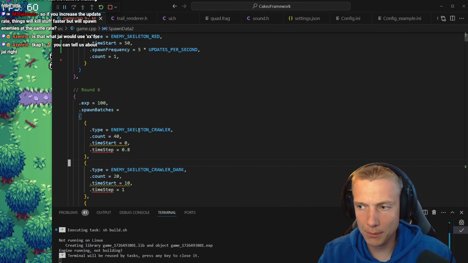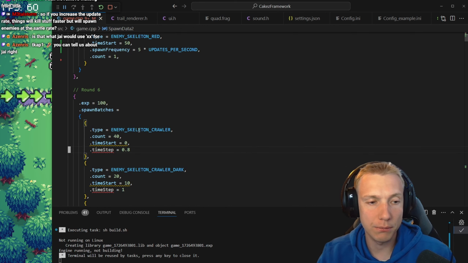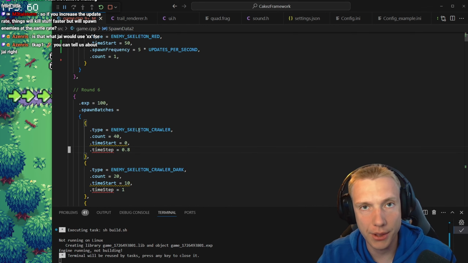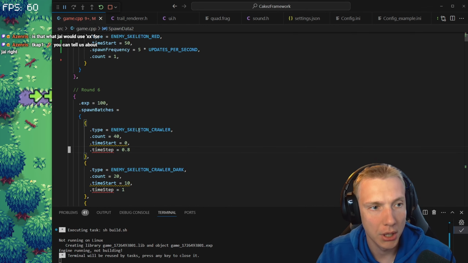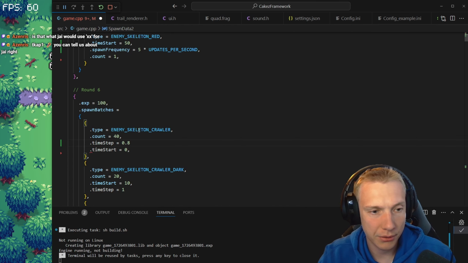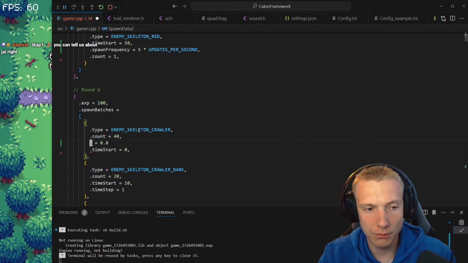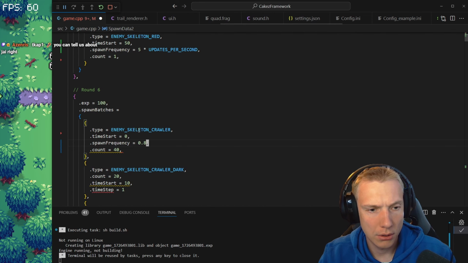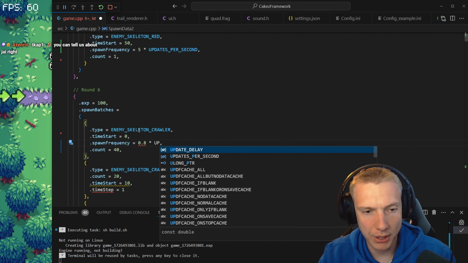So if you increase the update rate, will things kill stuff faster but spawn enemies at the same rate? No. The game just advances further, but it still computes when enemies got attacked and stuff like that. So, no. Oh, 0.8. Okay, times updates per second.